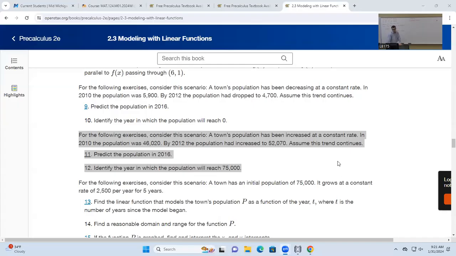For instance, predict the population in 2016. And then identify the year in which the population will reach 75,000.